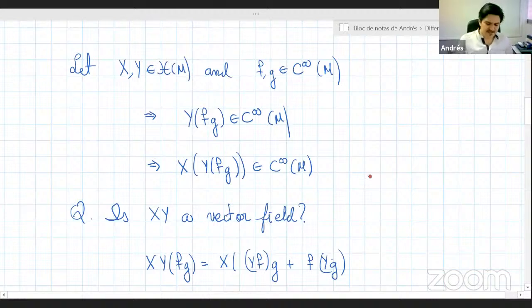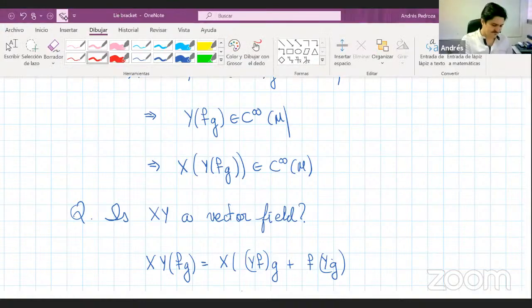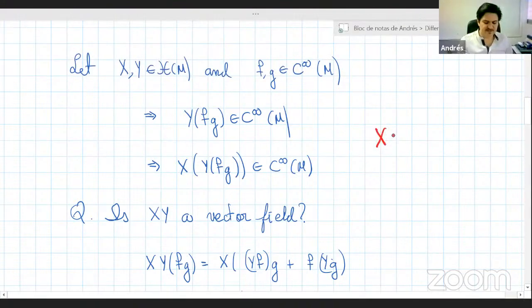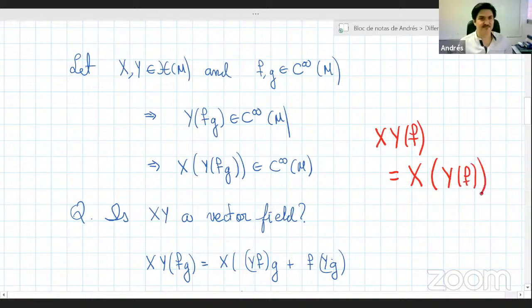So it makes sense. So, hold on. You have this. What is the meaning of this? It is the vector field applied to this function, okay? So this is in fact a smooth function.